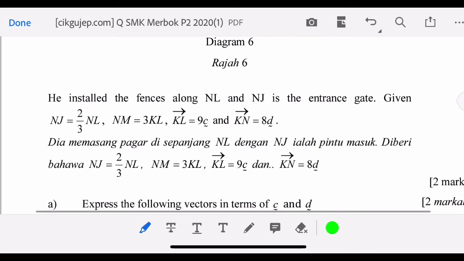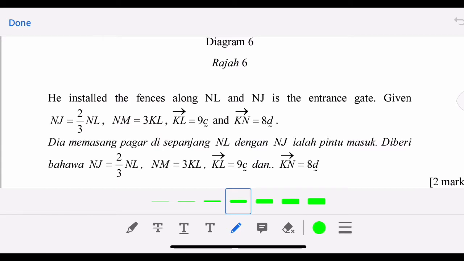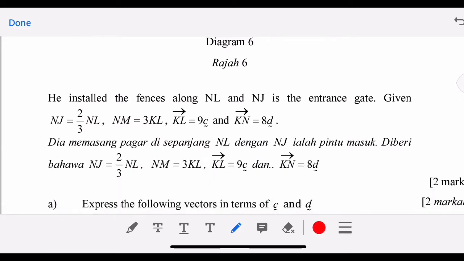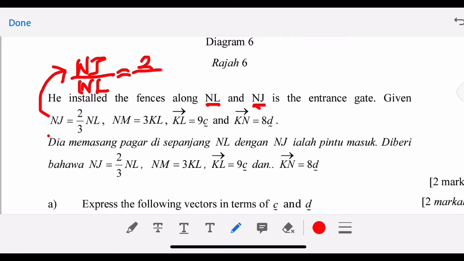Now let's read the question. He installed the fences along NL, and NJ is the entrance gate. Given NJ is 2/3 NL, starting off we need to study the ratio. We can write NJ over NL is equal to 2/3.